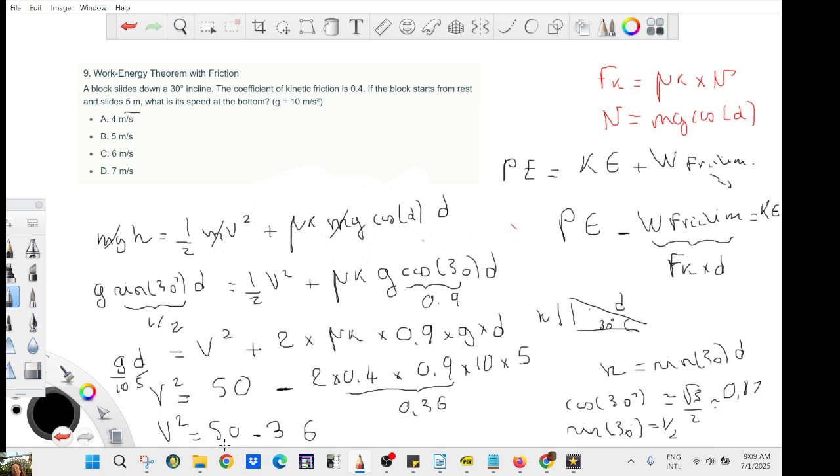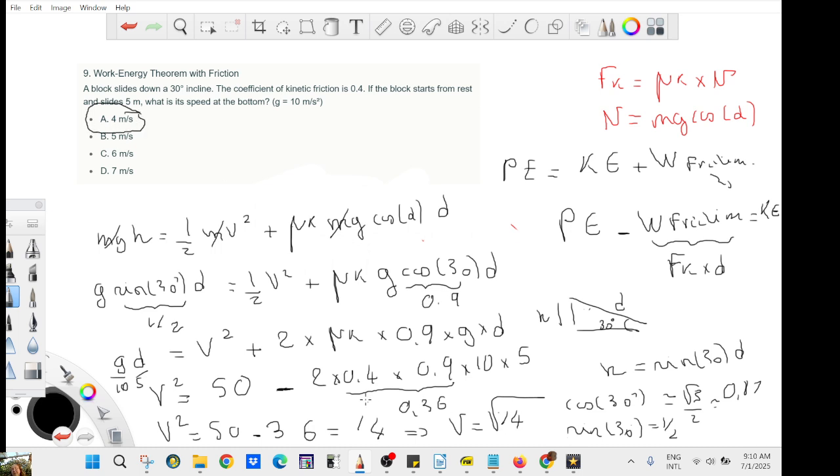Right? So 50 minus 36 is going to be 14. Okay? And so you need to take the square root of 14. So it could be a little bit less than 4. So the closest answer will be A.